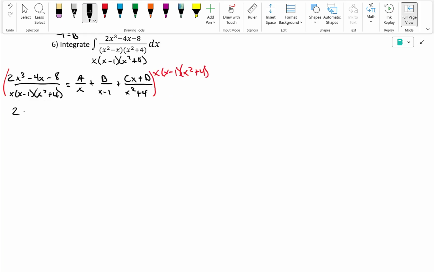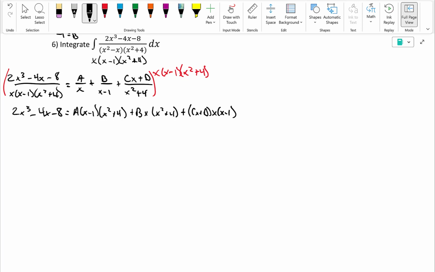which gives us 2x cubed minus 4x minus 8 equals A times x minus 1 times x squared plus 4, plus B times x squared plus 4, plus Cx plus D times x minus 1.